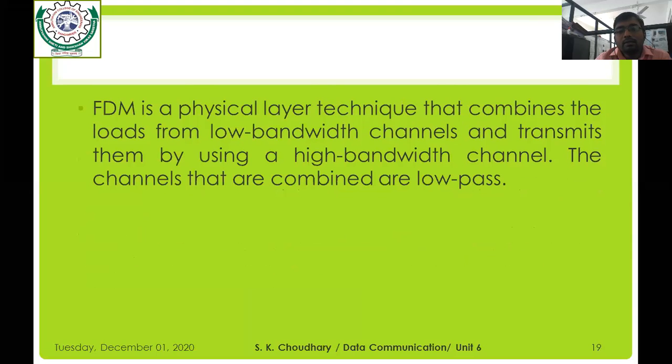FDM is a physical layer technique that combines the load from low bandwidth channels and transmits them using a high bandwidth channel. The channels that are combined are low pass channels.